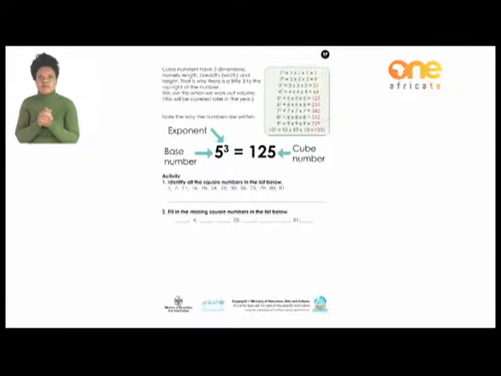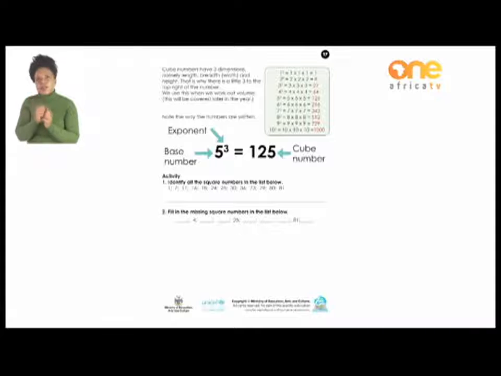If you look in the box on your top right side corner, the numbers are written with the exponent, which is 3. That means 1 cubed is 1 times 1 times 1.